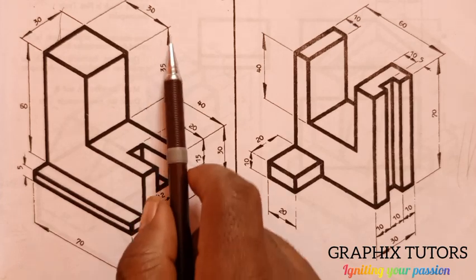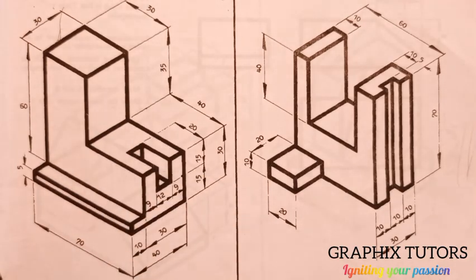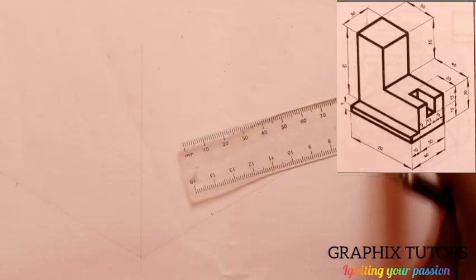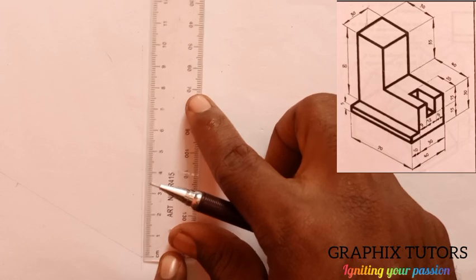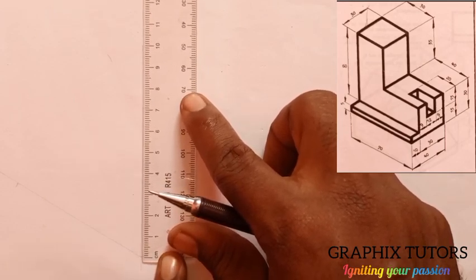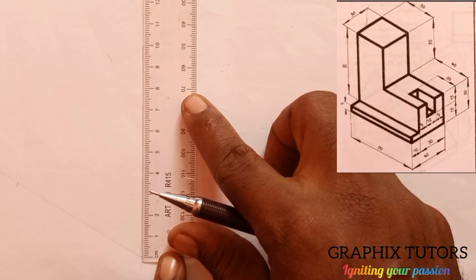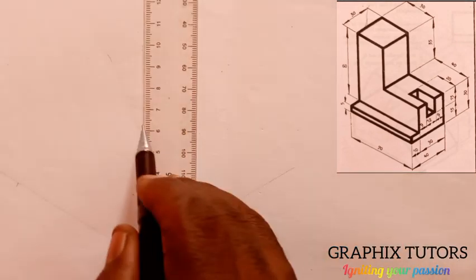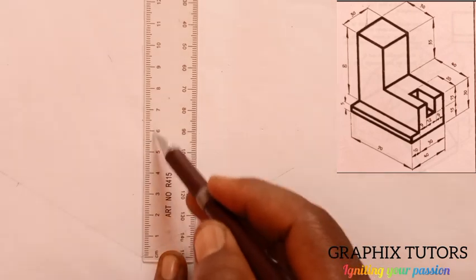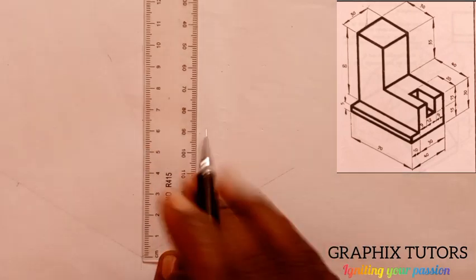So that is 65. So I'll pick up my meter rule and I'll measure the height of 65. So from 0 to here is 65, right? Now I have successfully drawn out that.